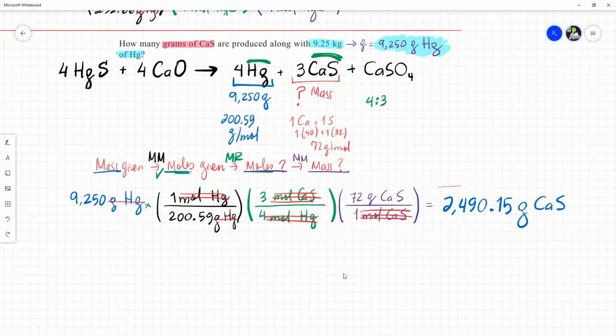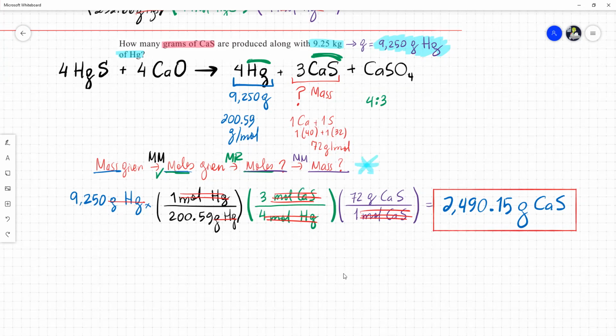Yeah, now it works. So as you can see, the procedure can be long, but if you get used to it, you can do it even faster. So my recommendation is that you memorize the path. If you memorize the path and you know how to relate mass and moles with molar mass and moles and moles with molar ratios, you're going to be okay.